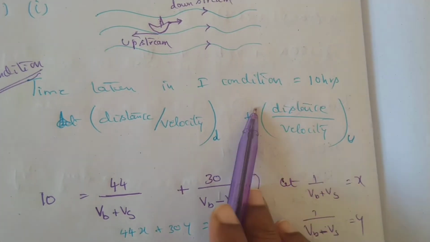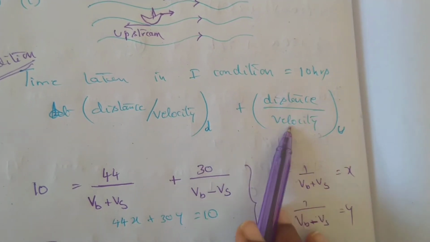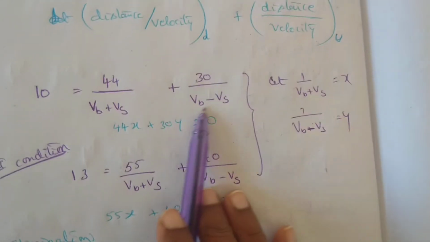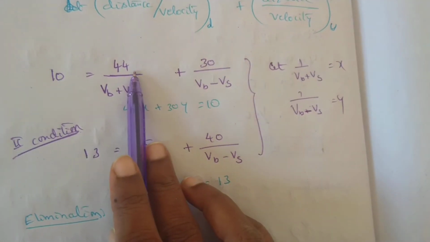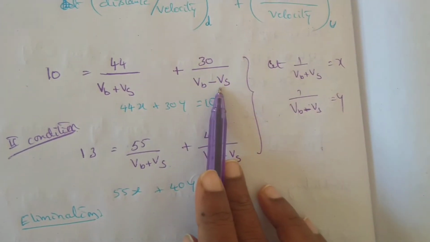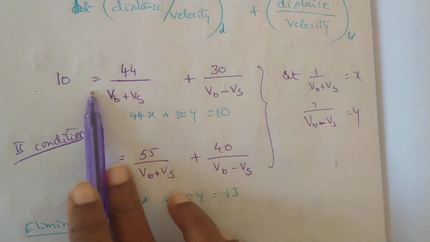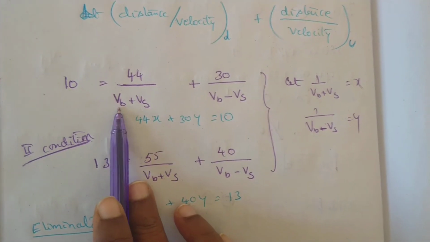Whatever the condition is, total time is equal to distance by velocity in downstream plus distance by velocity in upstream. Let us write the first condition here. 10 hours it is taking, 44 kilometers downstream, 30 kilometers upstream. Since it is downstream, net velocity is increased, that means water velocity is added to this.